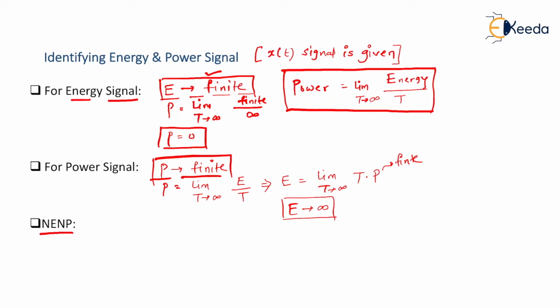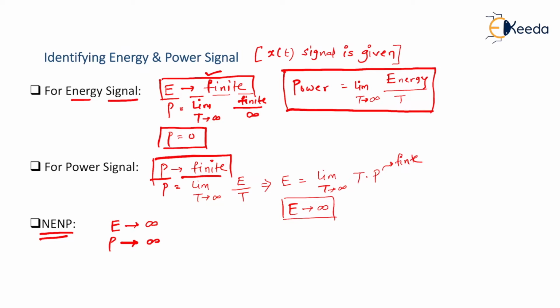For the third category, which we say is neither energy nor power signal, it is for such x(t) for which energy is also infinite and power is also infinite. So here energy also becomes infinity and power also becomes infinity. For such an x(t) signal, we categorize it as neither energy nor power signal.